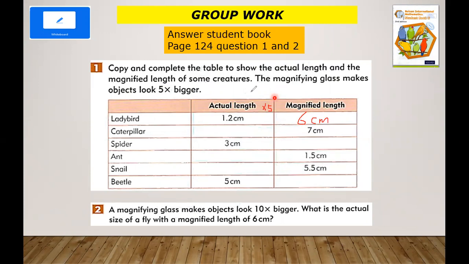Now, from actual length to magnified length, we multiply. How about the opposite? If we divide, so 7 divided by 5.